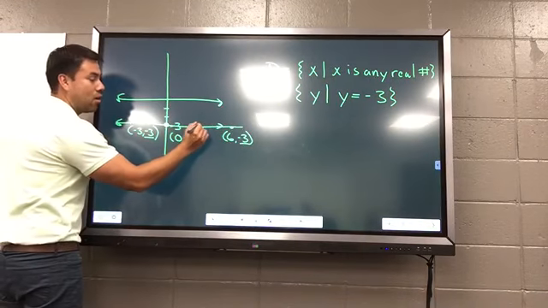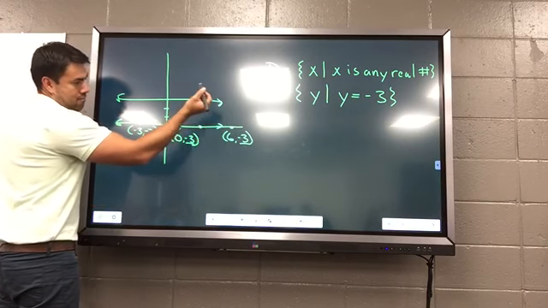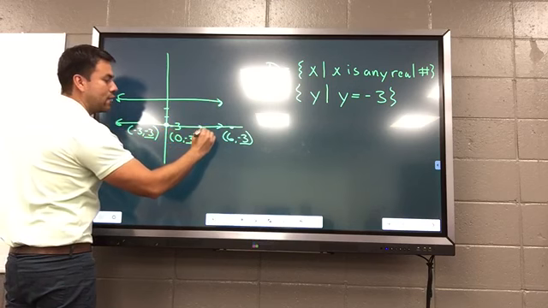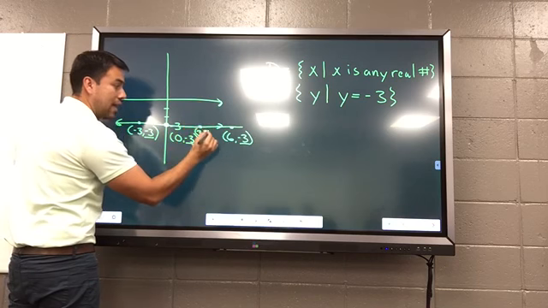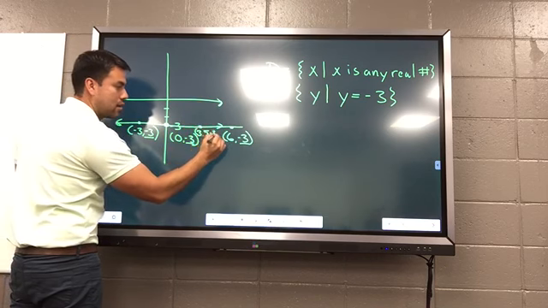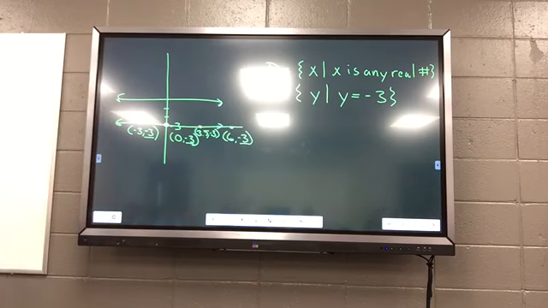I'm going to call this point 3.5 as the x coordinate. And what would the y coordinate be? It'd be -3. No matter what your x value is going to be, what's your y value going to be? -3. So when it's a horizontal line, the range is always equal to the number. And then vice versa for the vertical.